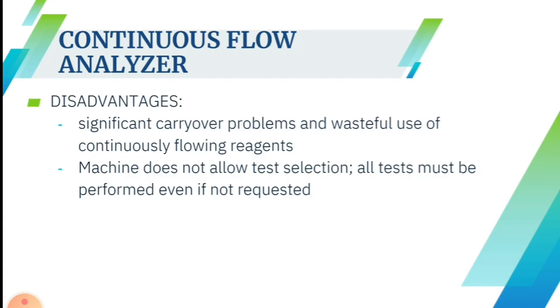Later, the Chem 1 was developed by Technicon to use Teflon tubing and Teflon oil, virtually eliminating carryover problems. The Chem 1 was a continuous flow analyzer, but only remotely comparable to the original continuous flow principle.